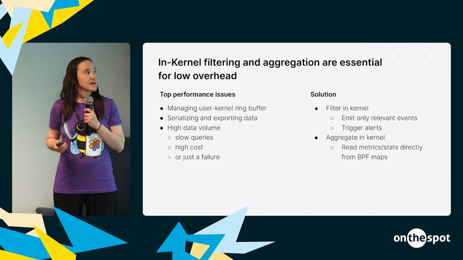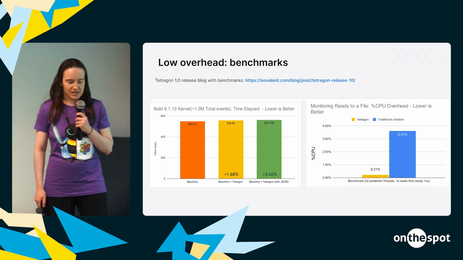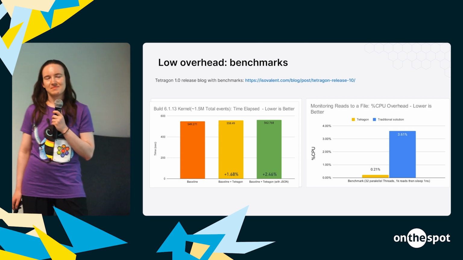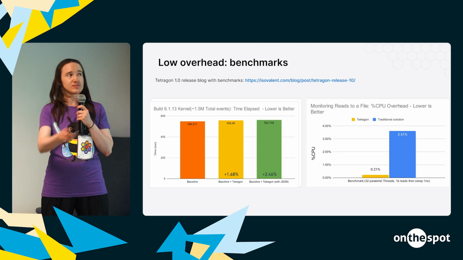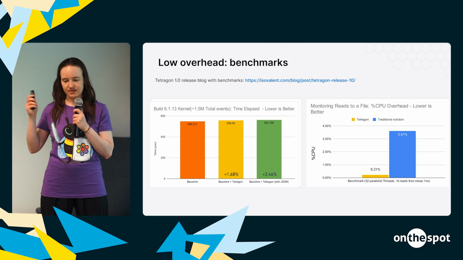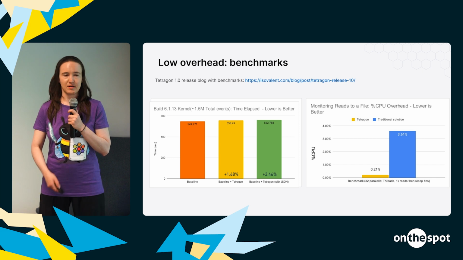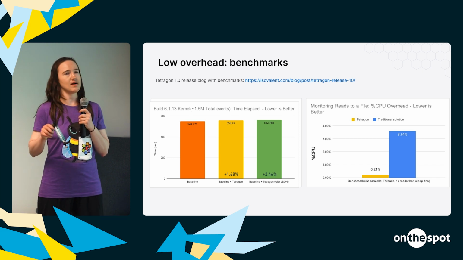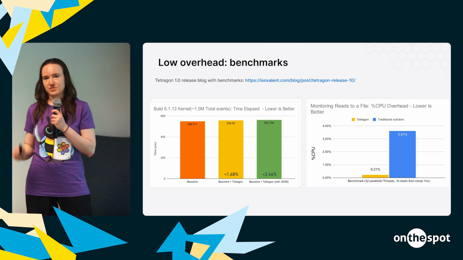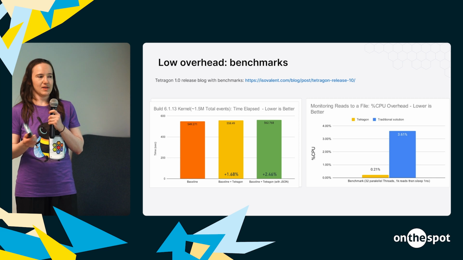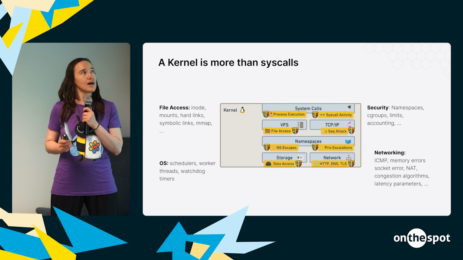So here are some benchmarks. We are benchmarking Tetragon, let's say, semi-regularly. If you are interested in numbers, you can read the blog post announcing the Tetragon 1.0 release. There are some detailed benchmarks that I showed here about the overhead of Tetragon. We are generally trying to keep the overhead at 2, 3, up to 5%. This seems really good compared to alternatives.